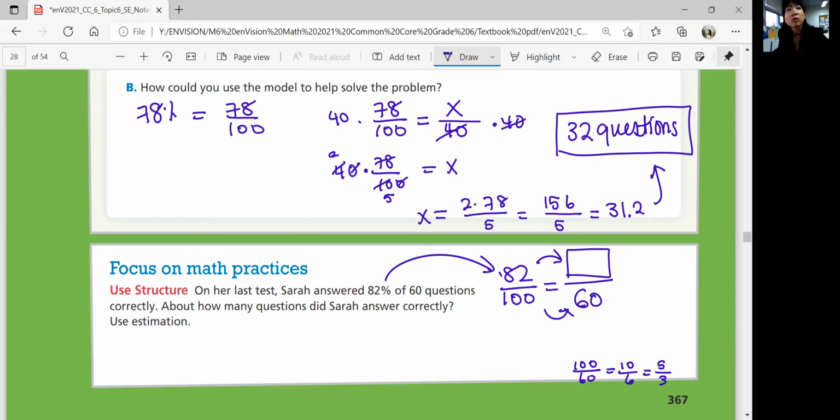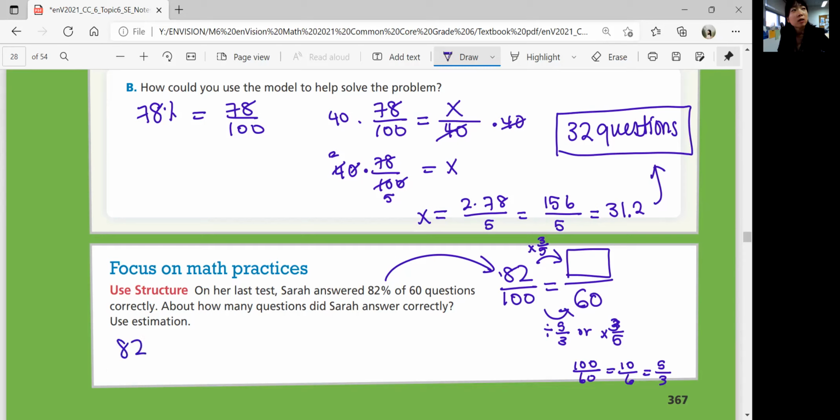Okay, so you multiply 60 times 5 over 3 to get 100. That means in order for 100 to become 60, you divide by 5 over 3, or multiply by 3 over 5, the reciprocal. Okay, and so you're gonna do the same thing. Multiply by 3 over 5 with 82, and that's your answer.